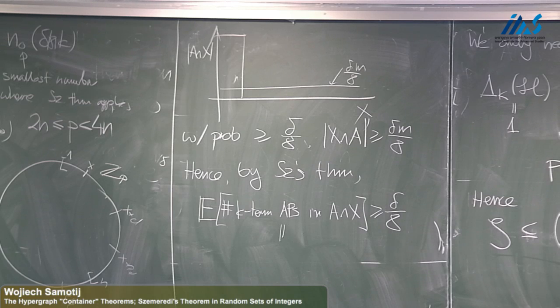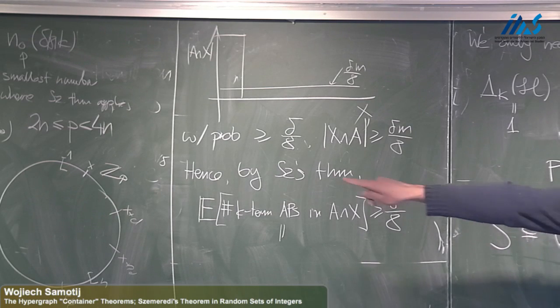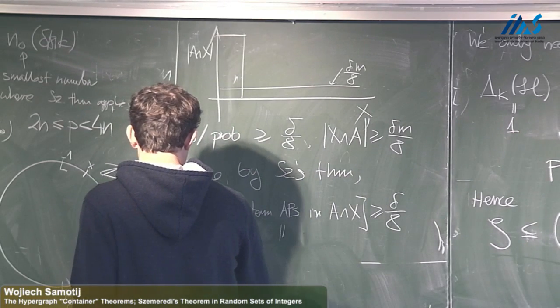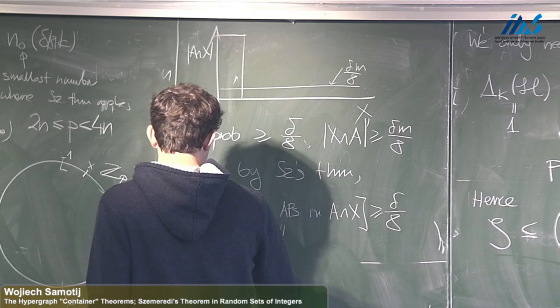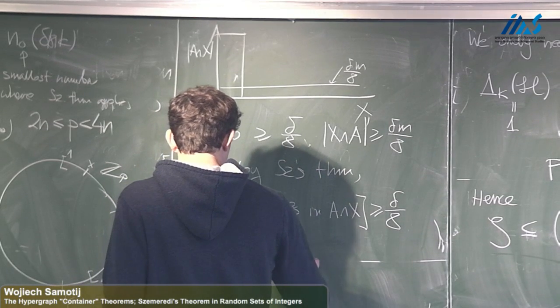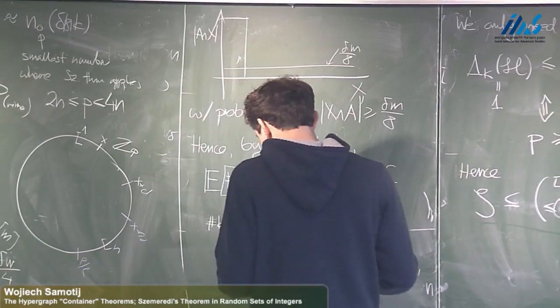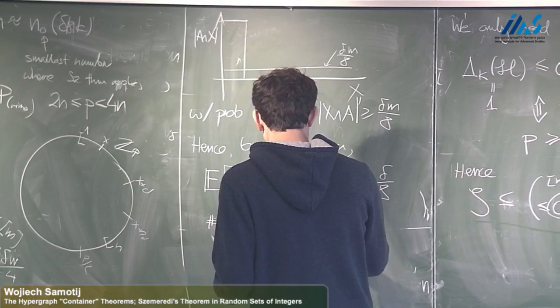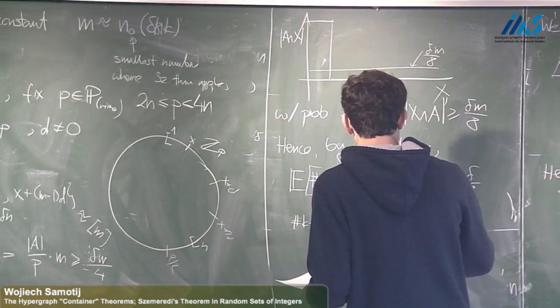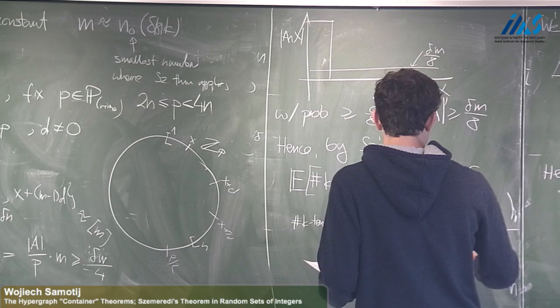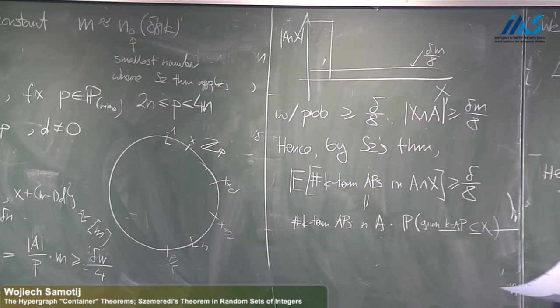For every fixed arithmetic progression in A, there's some fixed probability that it survives choosing these elements x and d. So this is equal to the number of k-term APs in A times the probability that a given k-term AP is contained in X.